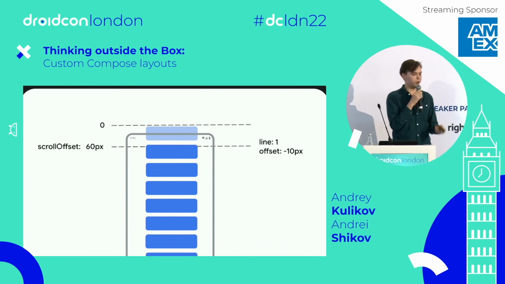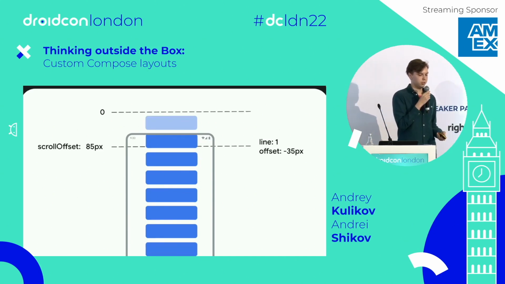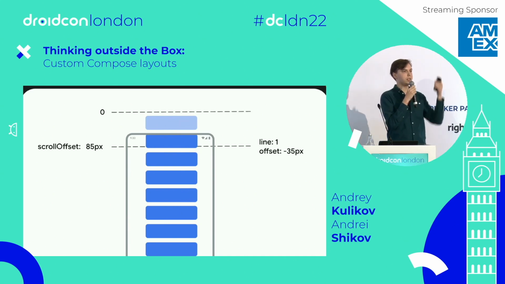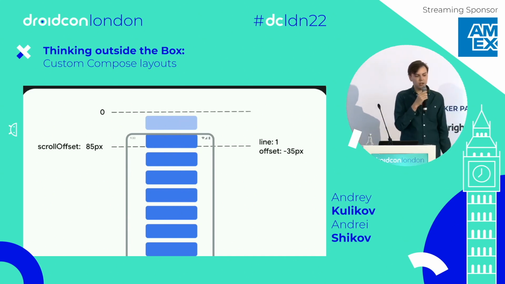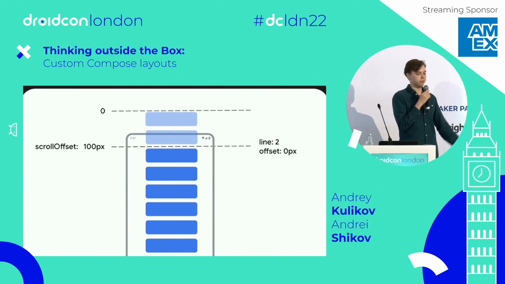It's kind of weird because the scroll offset increases, but the offset of the item will decrease when you scroll. If we consider where items go when we scroll down, they actually go up. That means we kind of apply a negative margin to an item, and negative offset makes sense now. When we scroll a bit further, we'll reach the new line, and the offset will be reset, so it will never be more than negative line height for us.